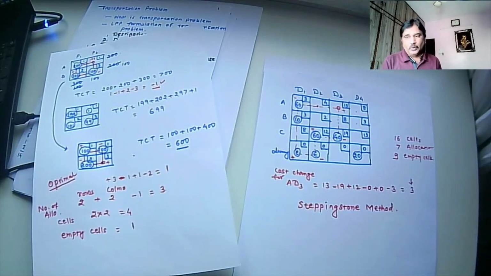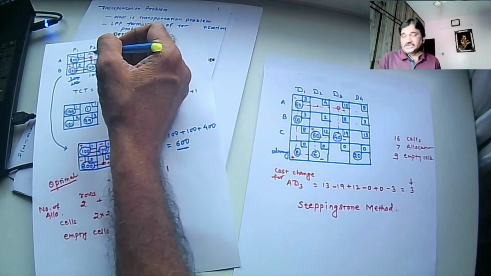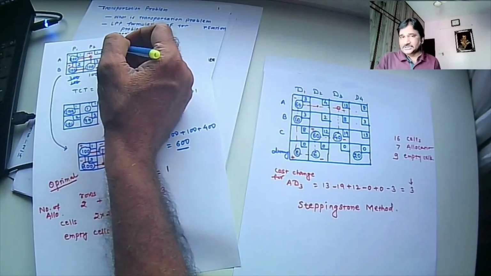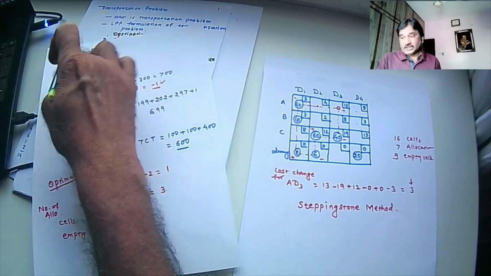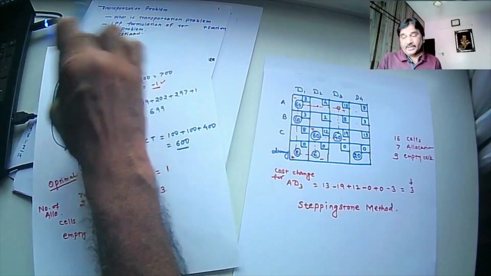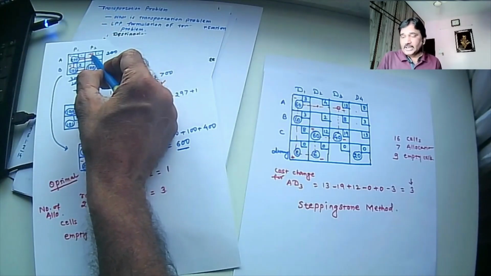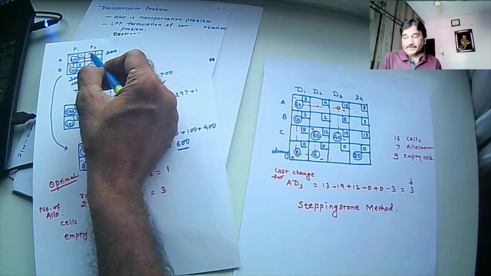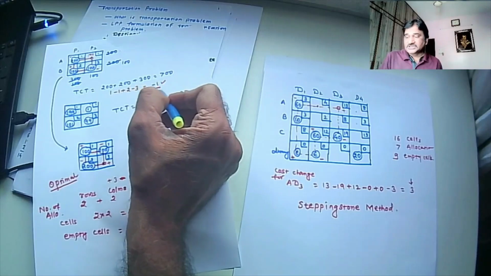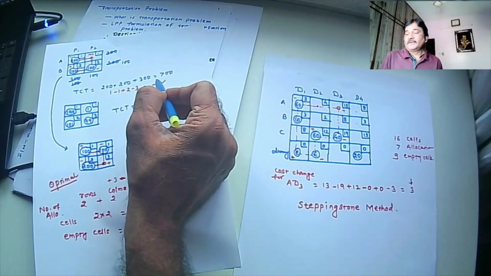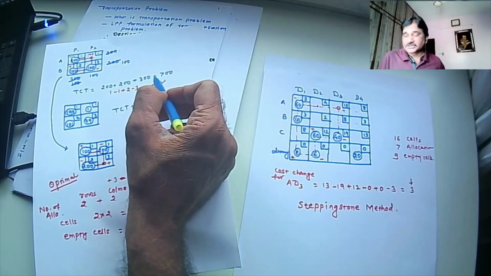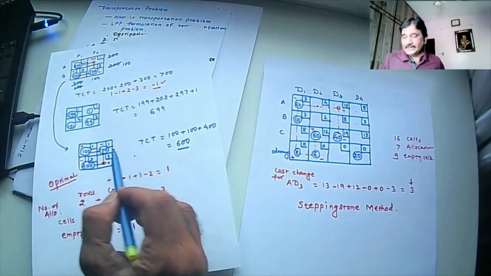If we do a one unit allocation in that empty cell and we get a cost saving, then that is a potential cell for the allocation. That means the allocation we had done earlier was not optimal. By doing the allocation in the empty cell, if it shows a saving in the transportation cost, then we will do the allocation there.